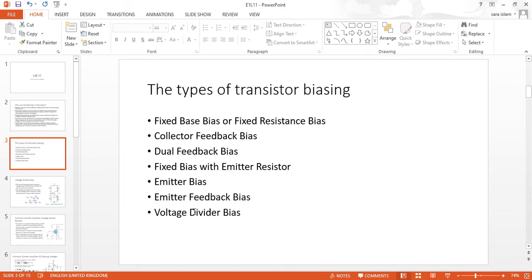That's because sometimes the temperature changes affect the collector current of your transistor, because a transistor is a temperature dependent element, right? And our environment is not consistent in temperature, right? There are multiple changes in temperature, और उन changes के साथ आपके collector currents भी change हो जाते हैं.